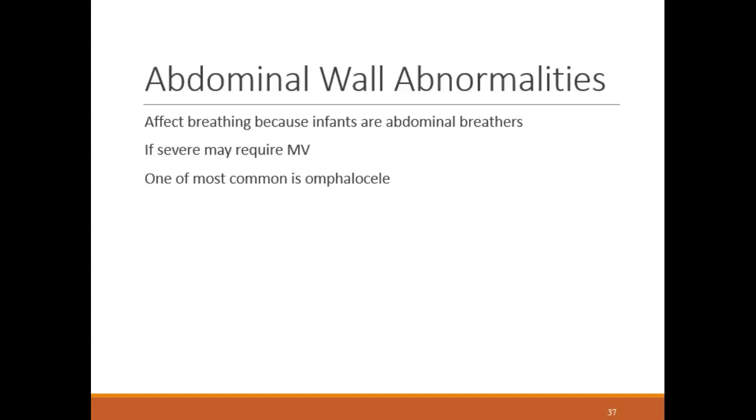We've talked about this before: the umbilical wall is open and the umbilical cord or the baby's bowel goes into this omphalocele, which is a bubble of, for lack of a better term, guts that are outside the body that should be inside the body.